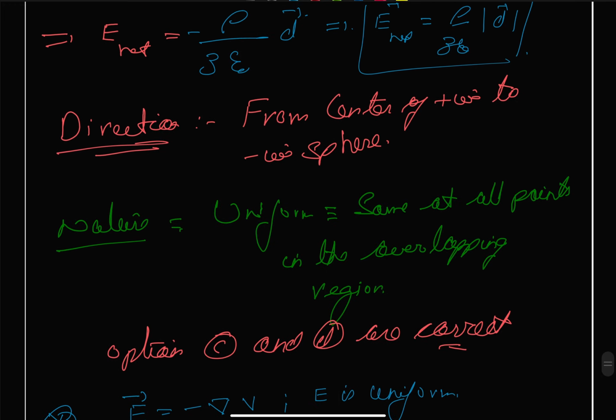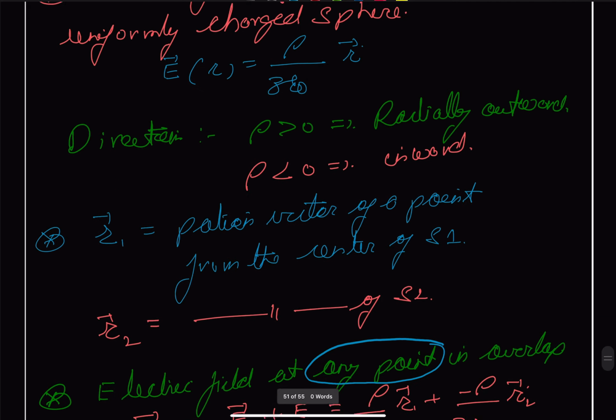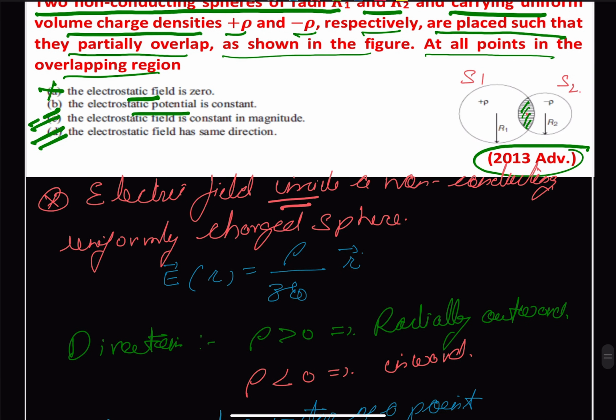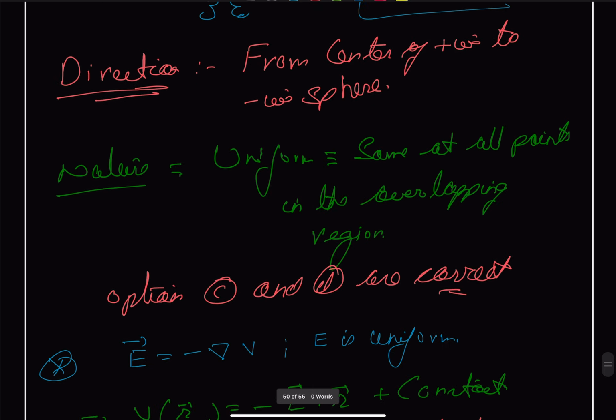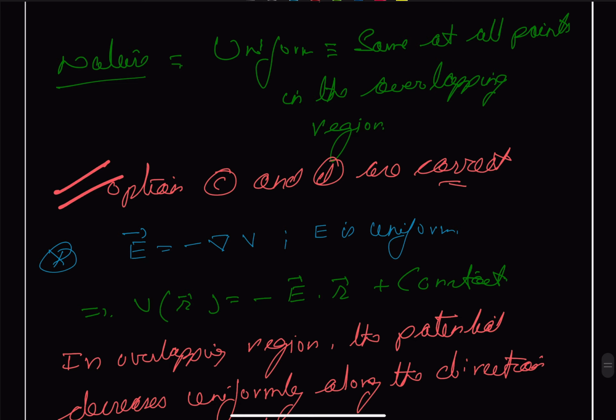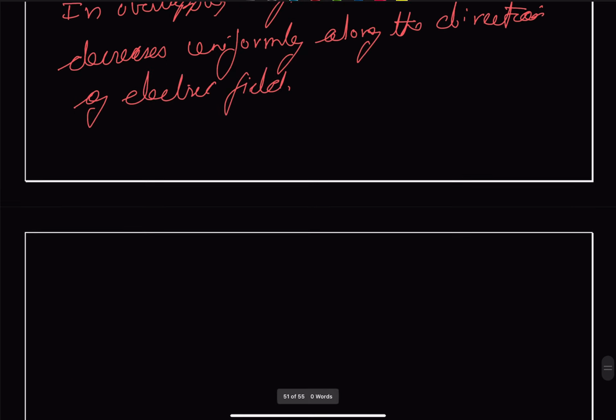Therefore the electrostatic potential is not constant, so this is also incorrect. So the only correct options are C and D.